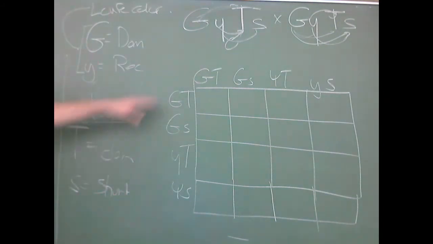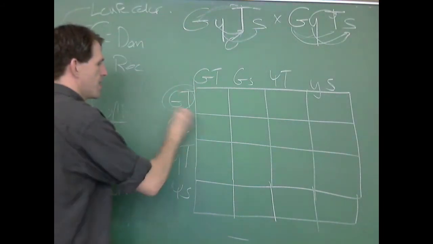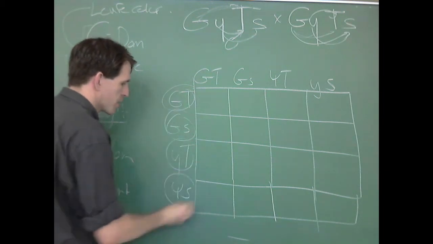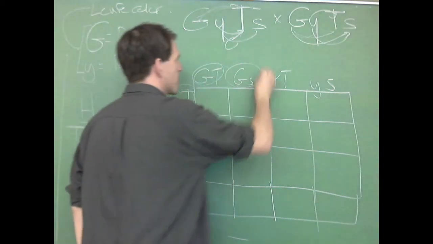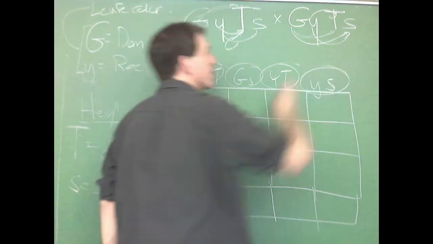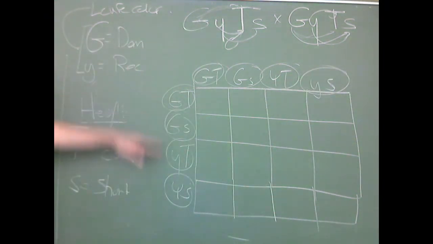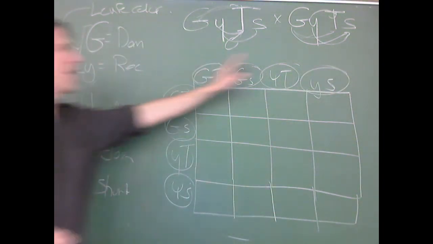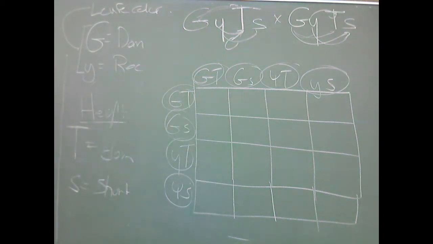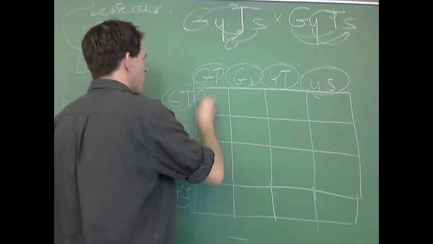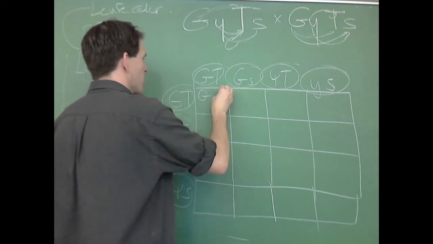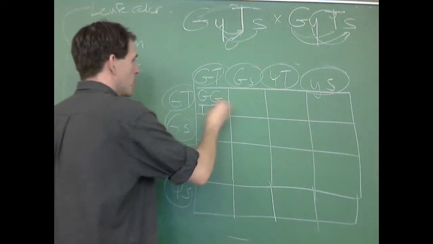All right, so these represent what? What do each of these circles represent? Gametes, correct. Possible sperm combination, possible egg combination. All right, so we're just going through the cells here. Green, green, green, tall, tall.